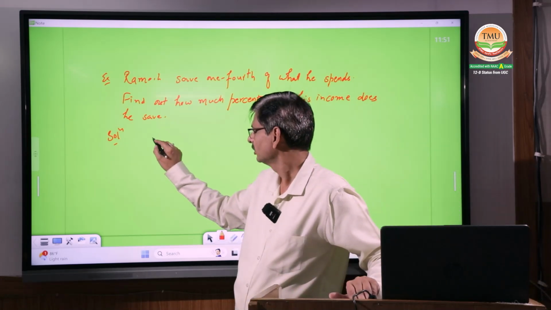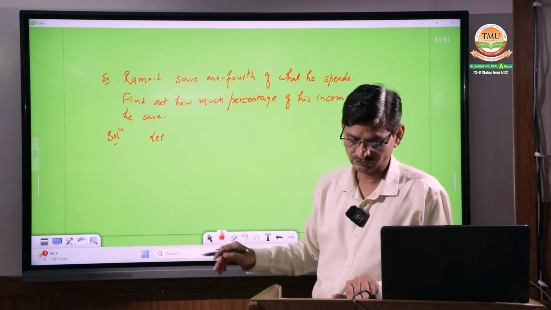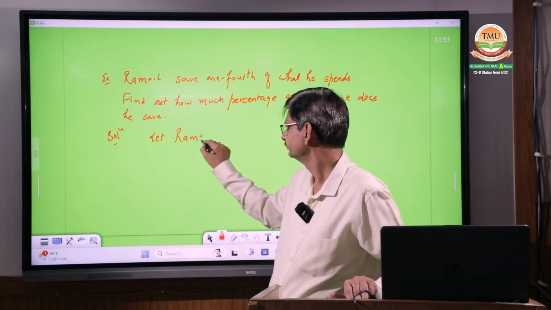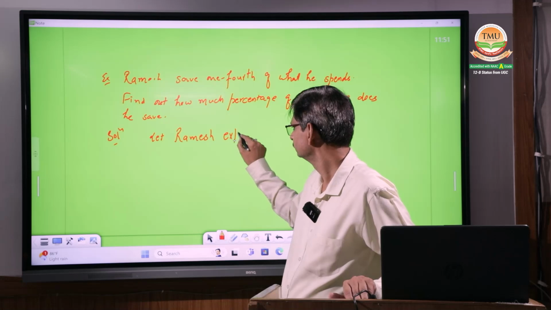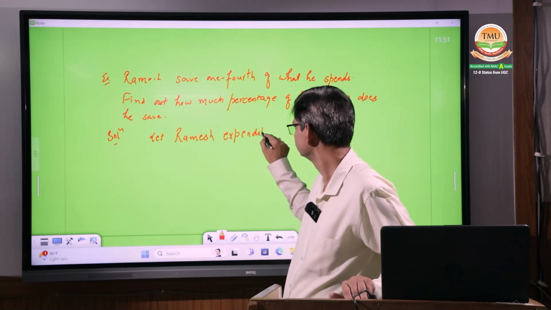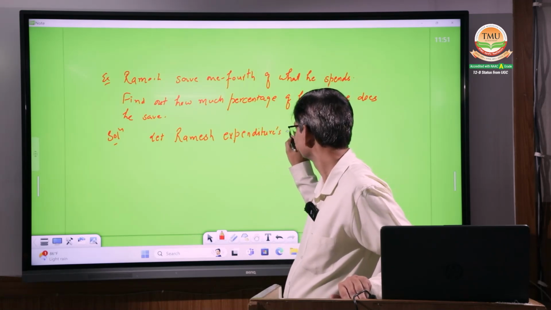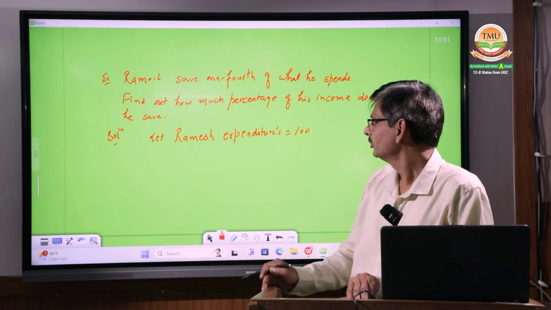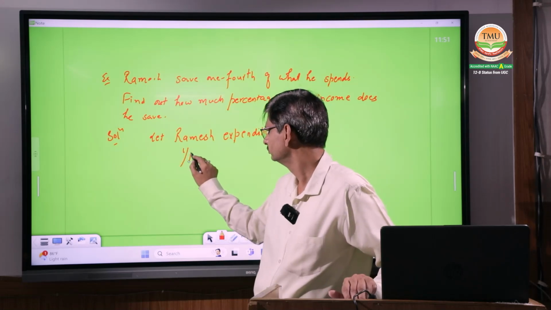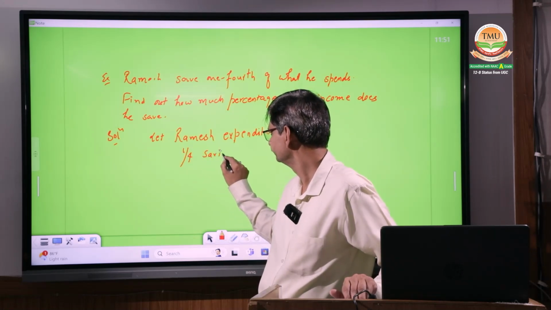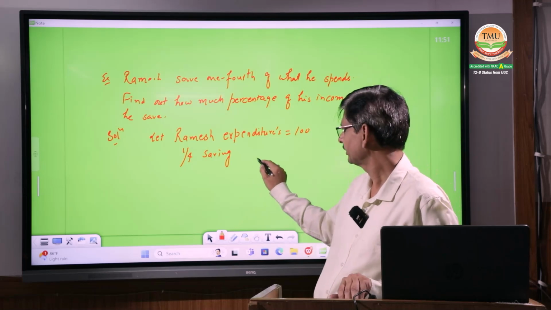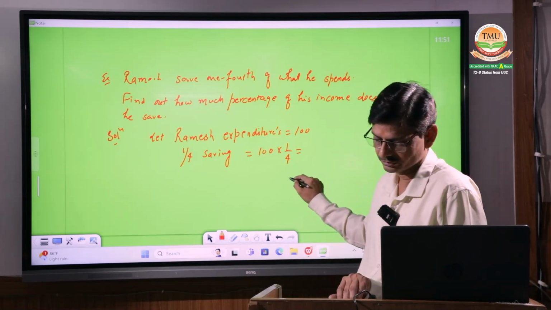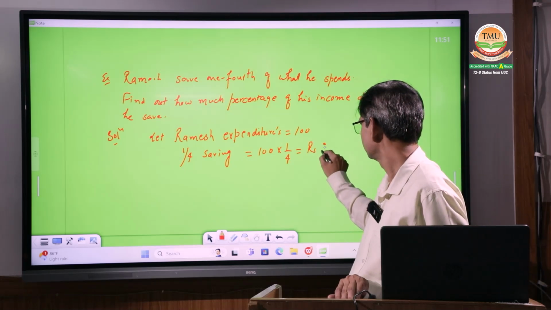Suppose, let Ramesh expenditure be 100 rupees. Now 1/4 saving means 100 into 1/4, that is rupees 25.